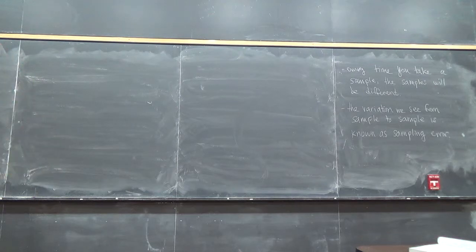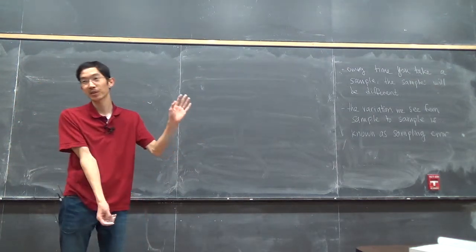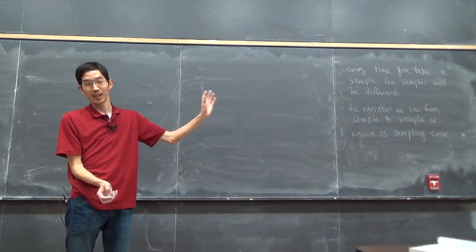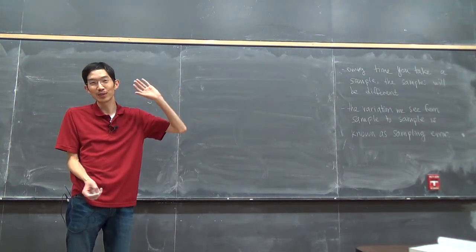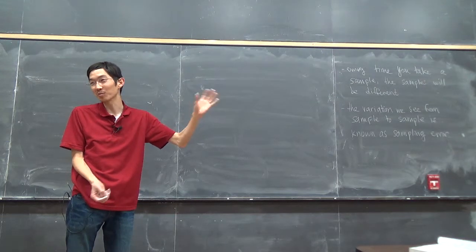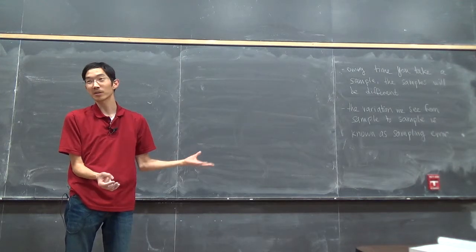And to be honest, you can take an entire course devoted to sampling methods, okay? And you can even dedicate your life to researching and perfecting sampling methods, because it is an important aspect of statistics, okay?